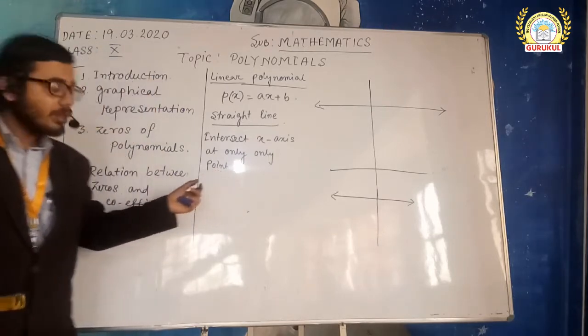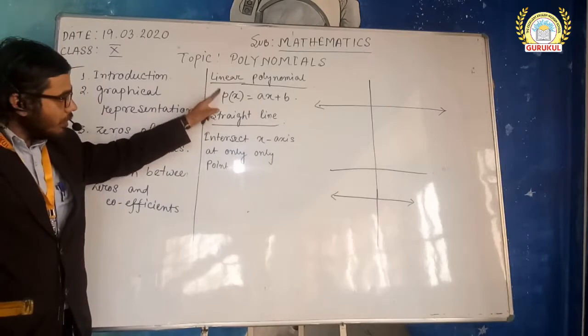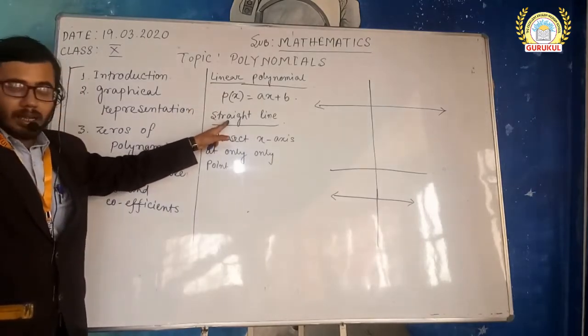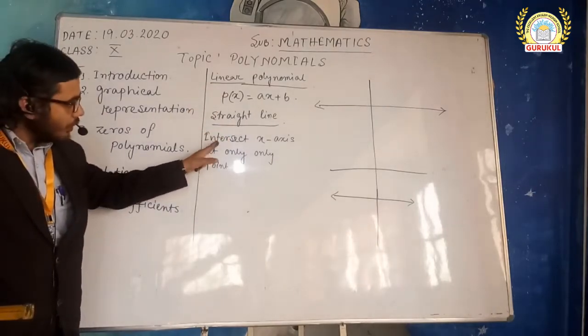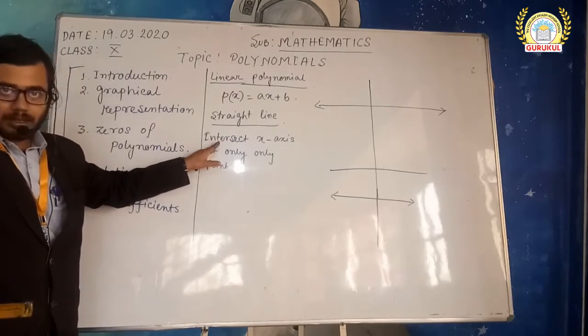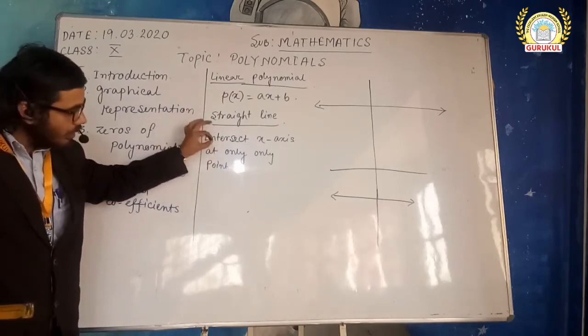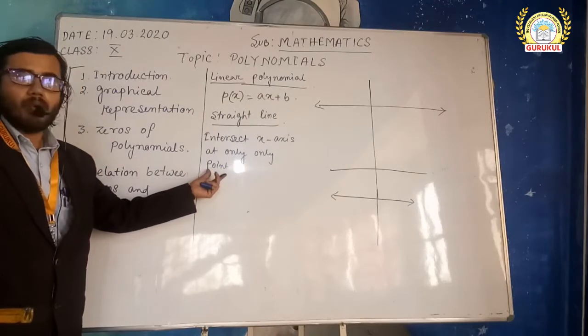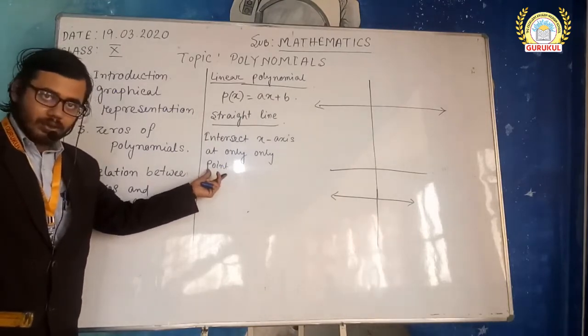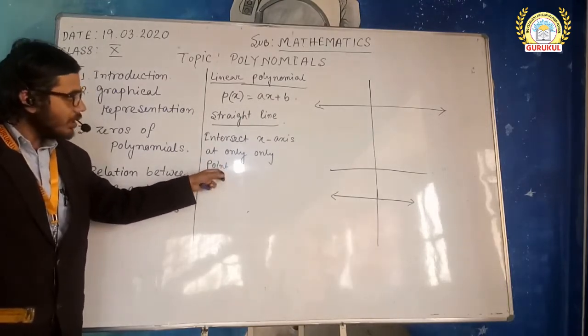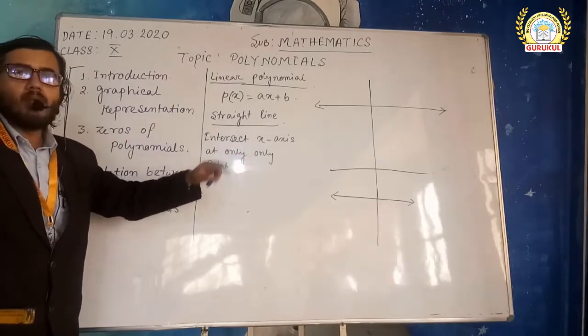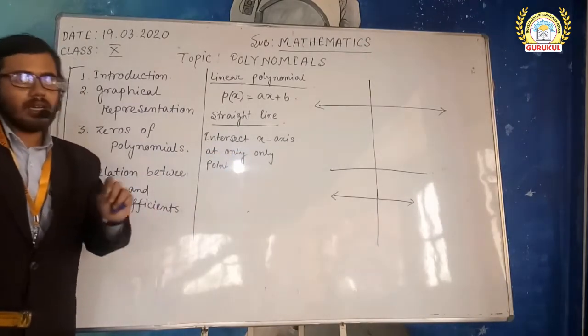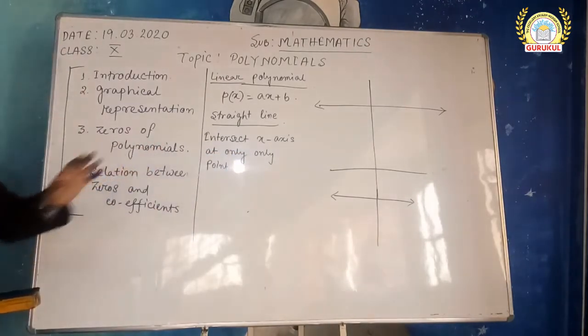So the point is, a linear polynomial represents a straight line, among those straight lines which intersect the x-axis, only at one point. There is no chance to intersect the x-axis more than once if the line intersects it.